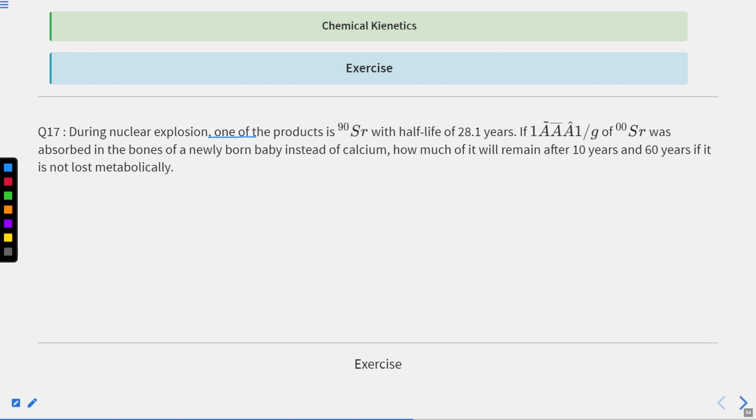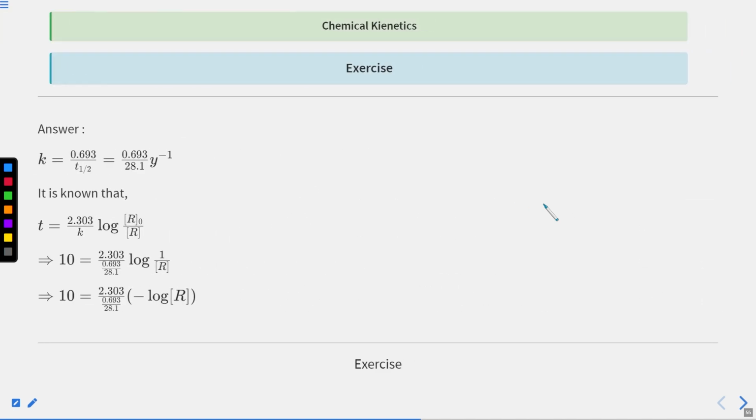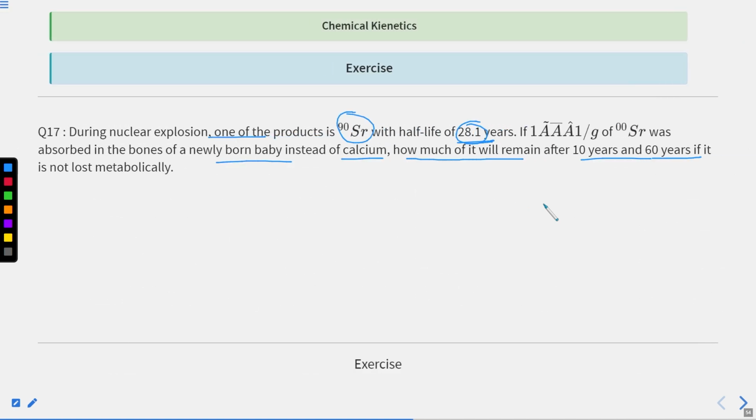During a nuclear explosion, one of the products is strontium and its half-life is 28.1 years. If it is absorbed in the bones of a newly born baby instead of calcium, how much of it will remain after 10 years and 60 years if it is not lost metabolically? So what is being asked here is that we have strontium as a product during nuclear explosion and its half-life is 28.1.